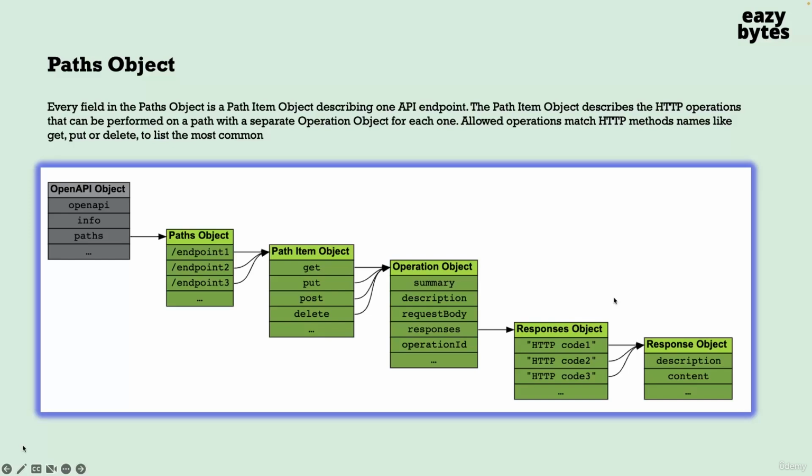And at last, we can also describe our response structure for various HTTP response codes like 200, 201, 500, error codes. So you can define the response object any number of times for different HTTP status codes. Under the response object, we can mention the description, content, and using the schema, we can describe the type of our response object. So this is the whole summary, or the simple story, behind the paths object.